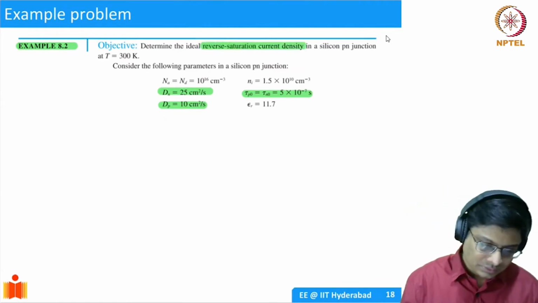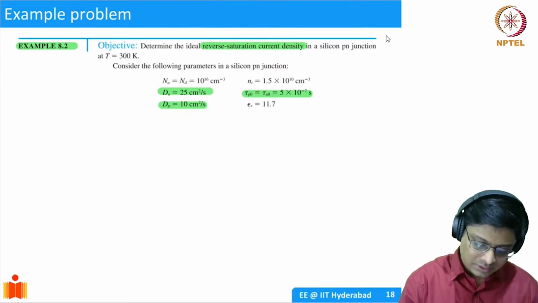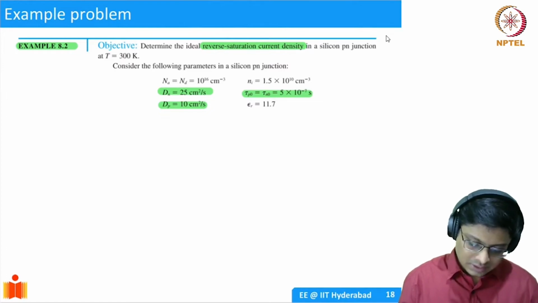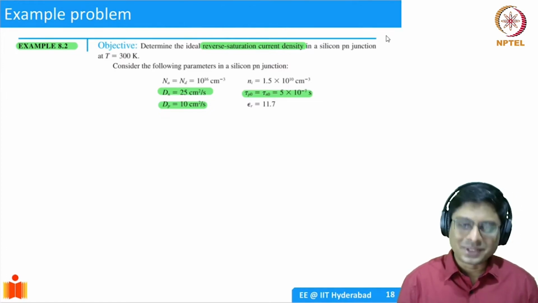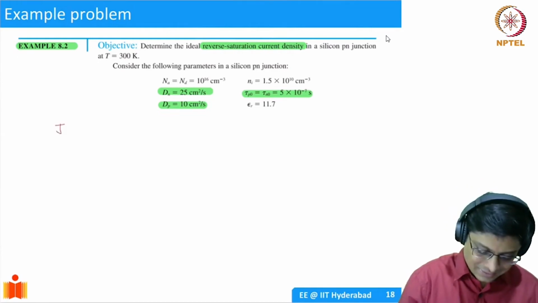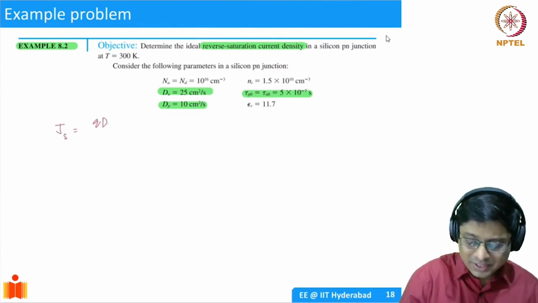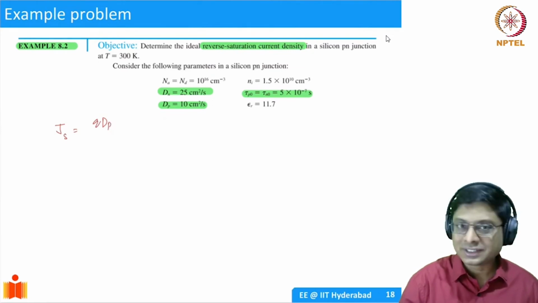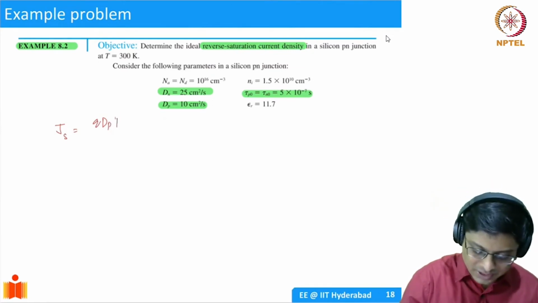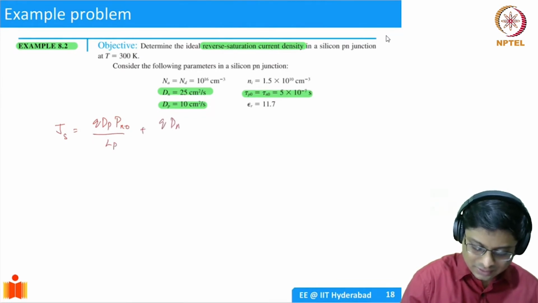Well, we have to calculate the numbers, right? So Js is basically q dP Pn0 divided by Lp plus q dN Np0 divided by Ln.